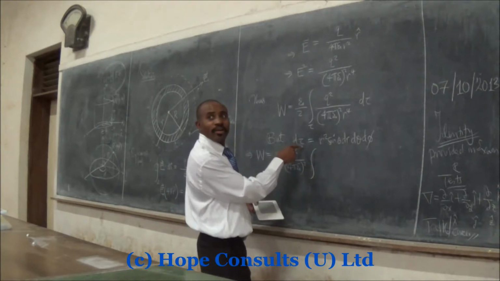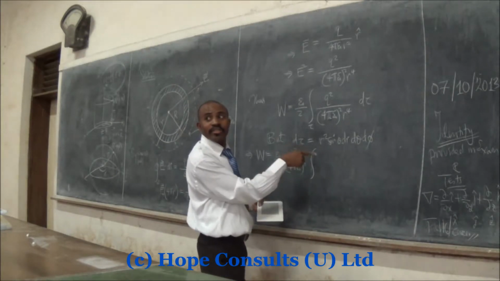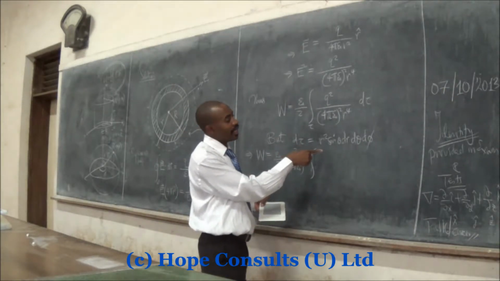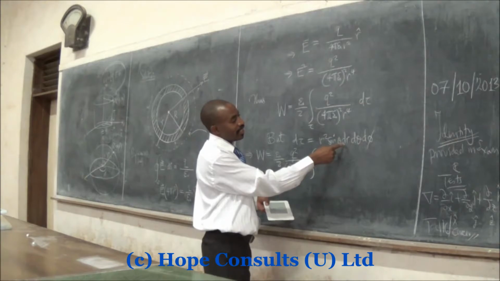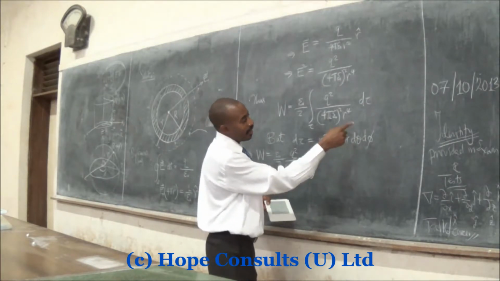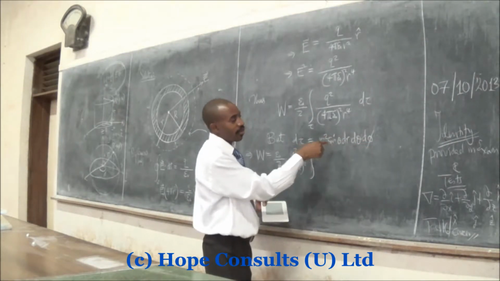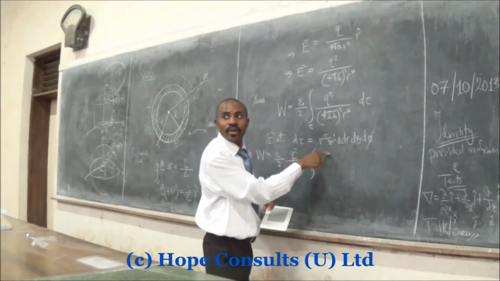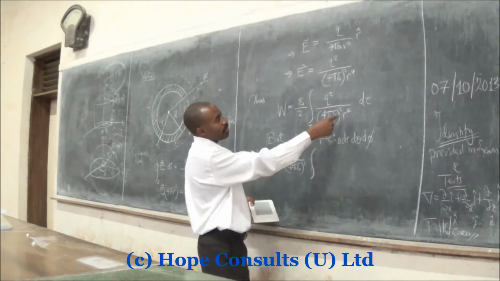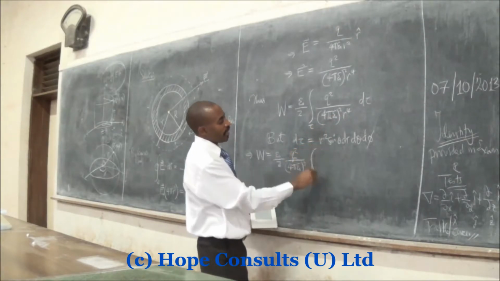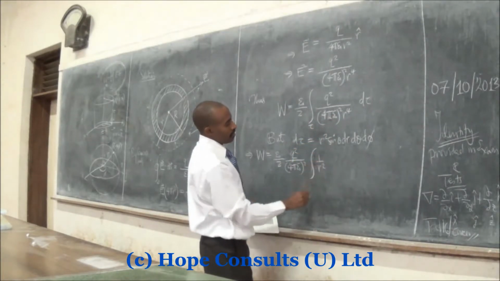But now d tau is, accordingly, dr, d theta, d phi times r squared sine theta in spherical coordinates. So if I multiply this 1 over r to the 4 with this r squared, I get 1 over r squared.